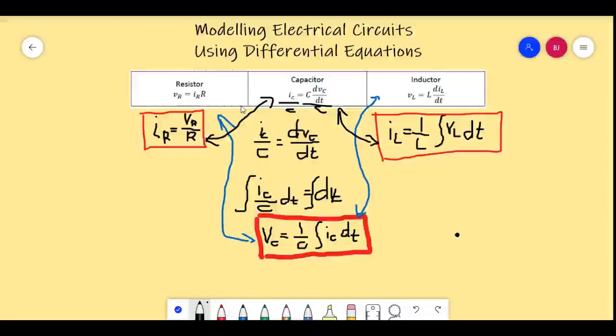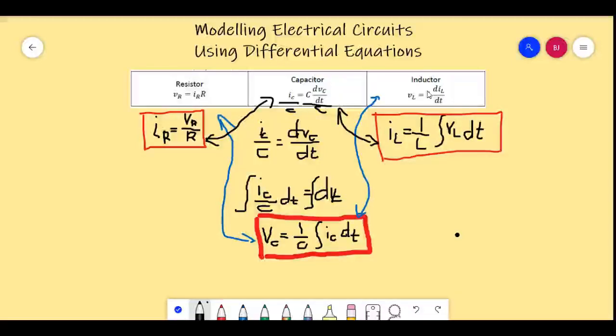Now we will be using two examples in order for us to understand how we will be using these equations, and then use them to represent electrical circuits and their components and their variables as differential equations. Depending on what is needed, we will be doing different methods.